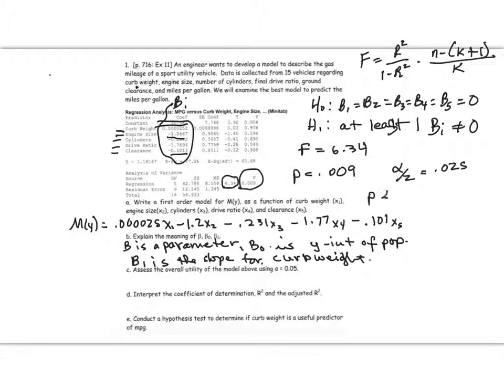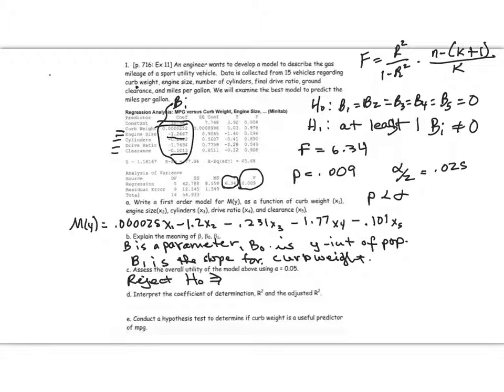Well, our p-value is less than alpha, so we would reject H0, our null hypothesis. And so overall, we have some validity to our model.